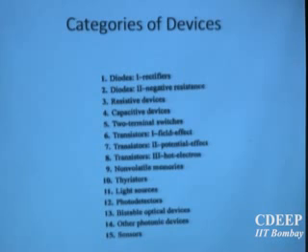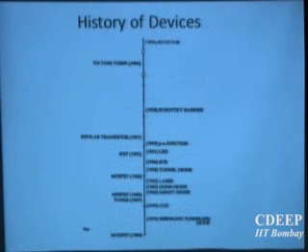Bistable optical devices: just now I said dielectric on-off, so certain frequency on, certain frequency off, a switch. Then other photonic devices which I just mentioned, and of course there is a huge area called sensors. This is the history which I already discussed. You can see from here, these are diodes and these are transistors.